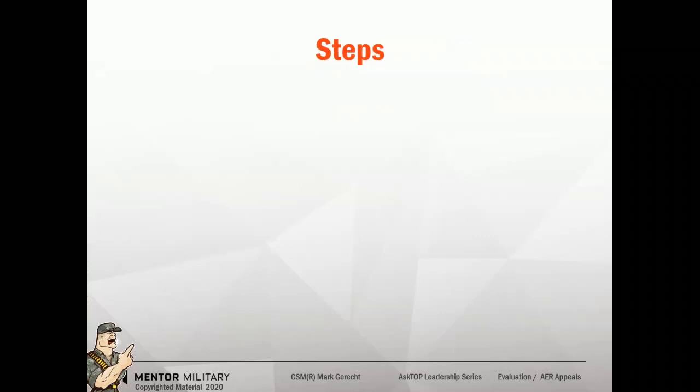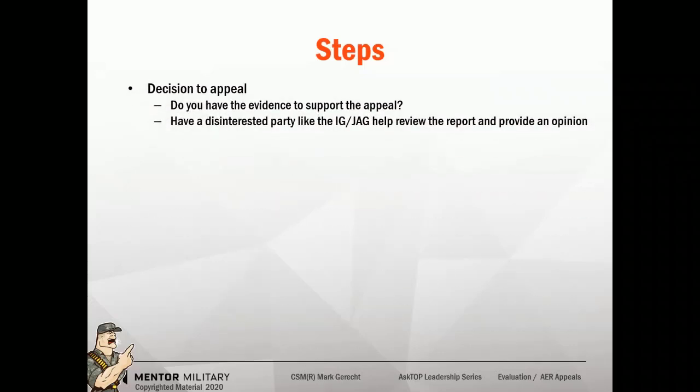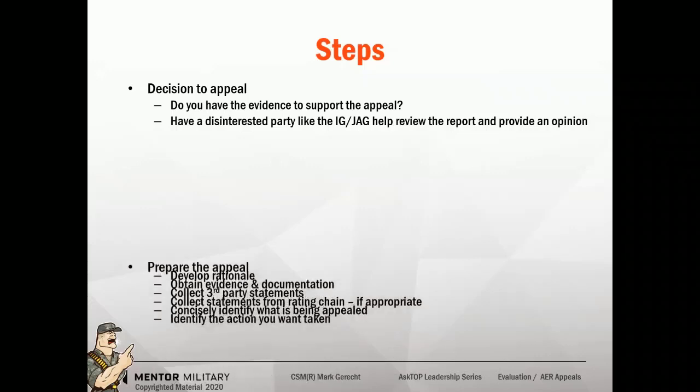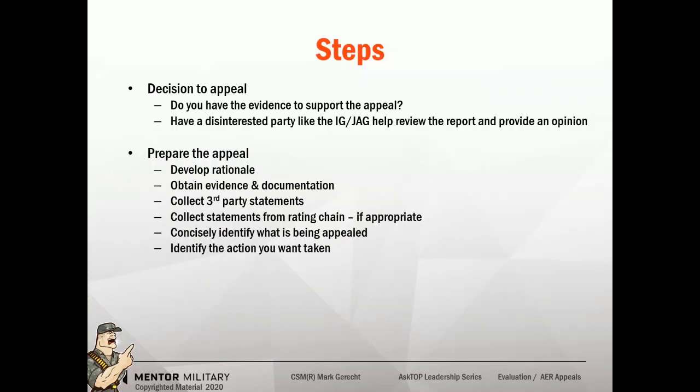What are the steps in processing an appeal? The decision to appeal. Do you have the evidence to support the appeal? Have a disinterested party like the IG or JAG help review the report and provide an opinion. Prepare the appeal.